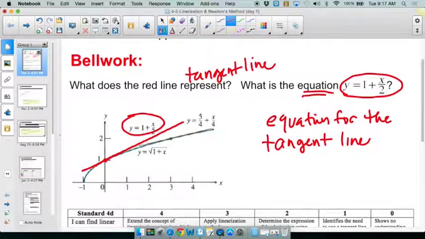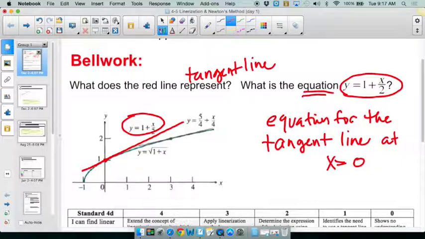And what point is that equation going through, relative to the function? Yeah, 0.01. So it's the equation for the tangent line at x equals 0, right?